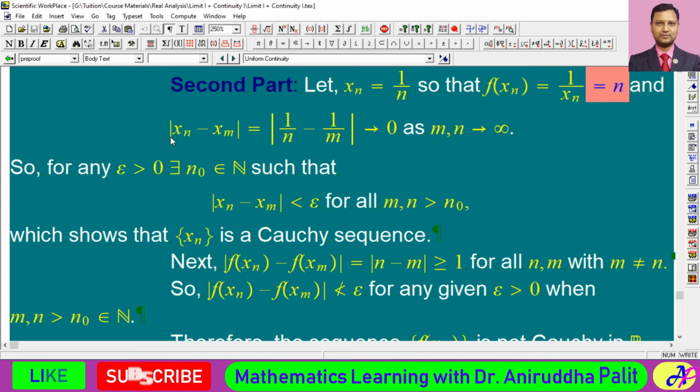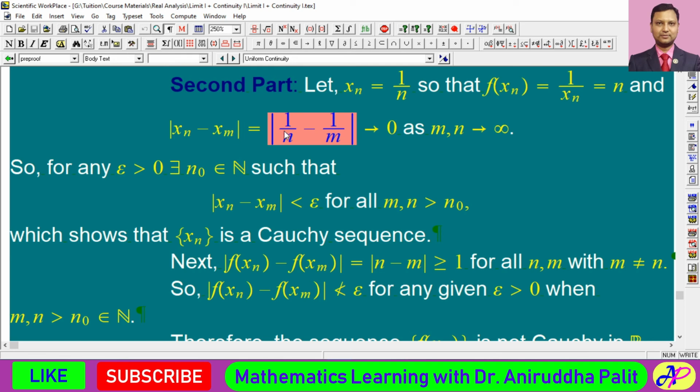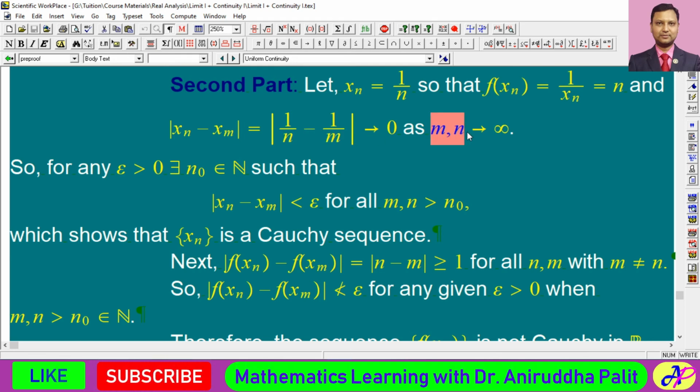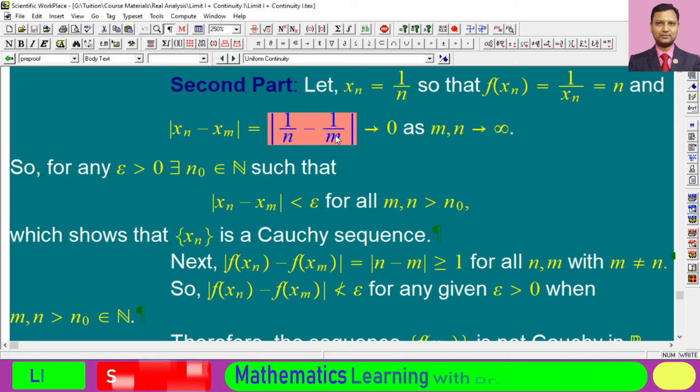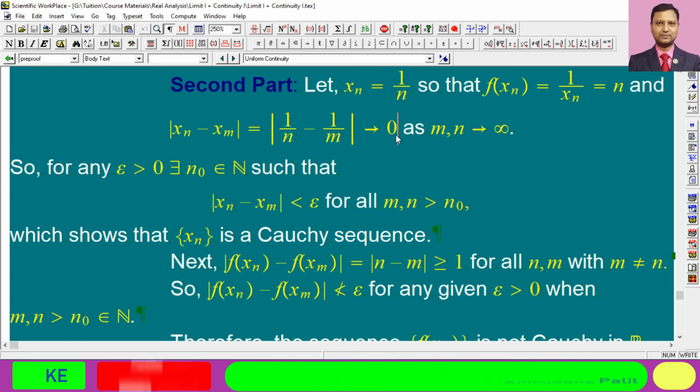Now what we observe is that modulus of xn minus xm is equal to 1 by n minus 1 by m, and as m and n tend to infinity, both of these quantities ultimately tend to zero, so the difference tends to zero.